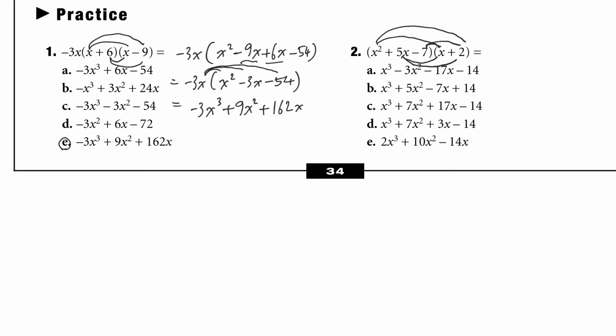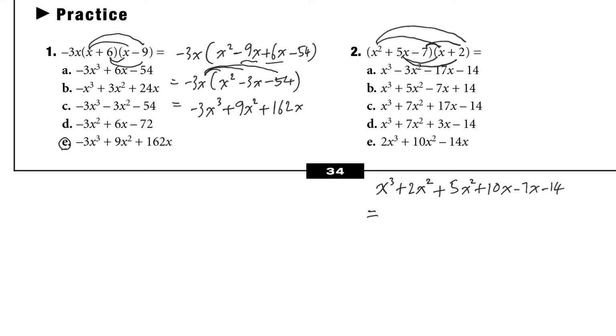So x squared times x is x cubed. X squared times plus 2 is plus 2x squared. Plus 5x times x is 5x squared. 5x times positive 2 is 10x. Negative 7 times x is negative 7x. Negative 7 times 2 is negative 14.